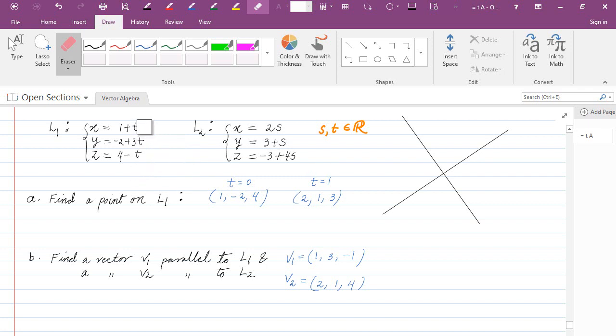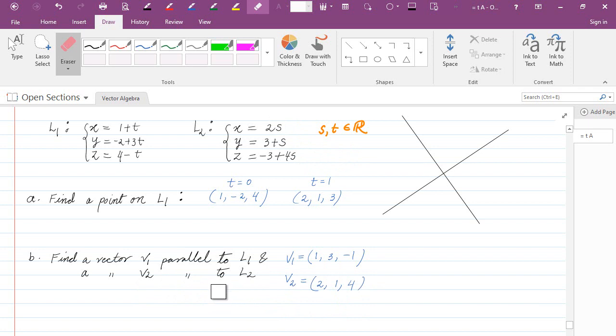So the coefficients of t, 1, 3, -1, give a vector which we're labeling as v1, and v1 is parallel to L1. Similarly, the coefficients of s, 2, 1, and 4, give what I'm denoting by v2, and v2 is a vector that's parallel to L2.